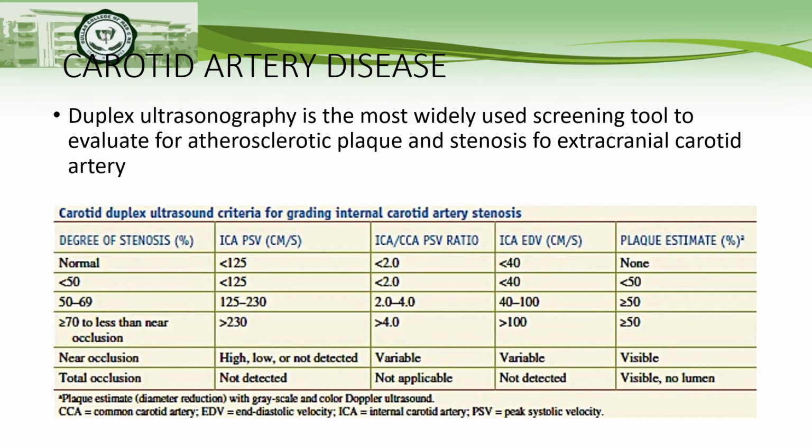The table here shows the criteria of reading ICA, internal carotid artery stenosis, according to the luminal diameter reduction. So it's deemed mild if less than 50% occlusion, moderate for 50 to 69%, and severe stenosis for 70% and above.